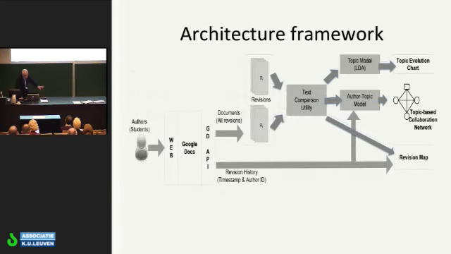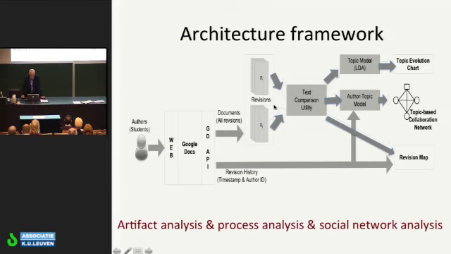The way, in principle, it's done, and this is directly taken from the paper, is that we start on the left with Google Docs, using the API, get to the version history, and use that version history directly to create the revision map.